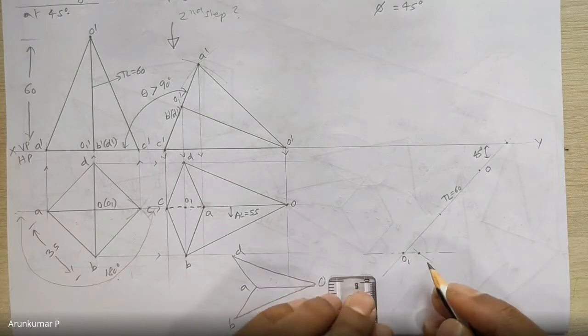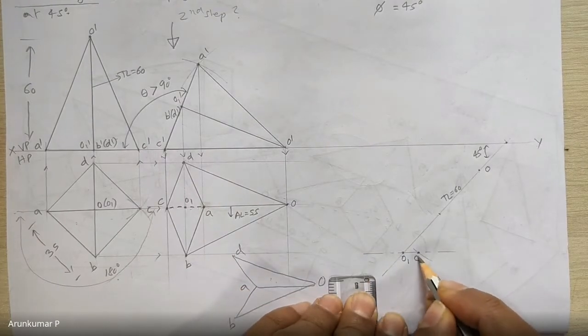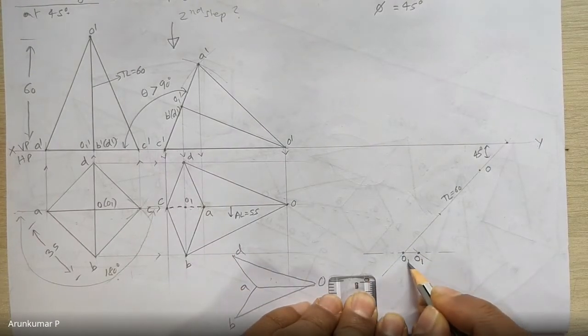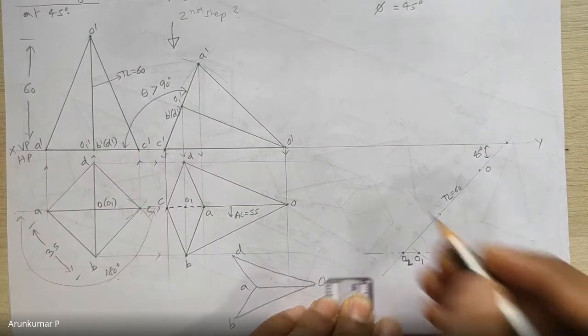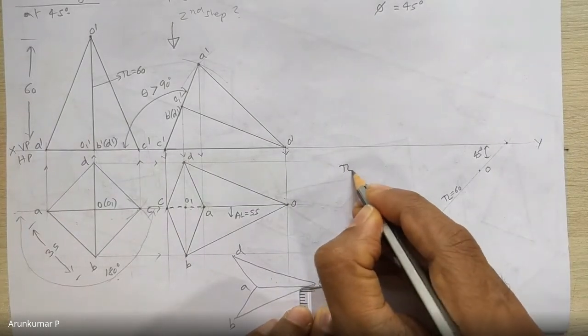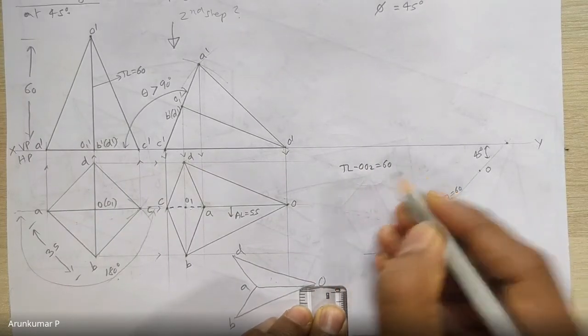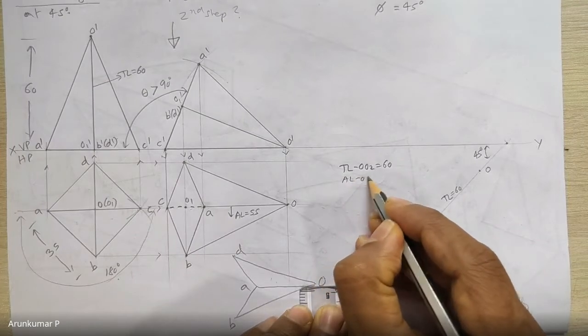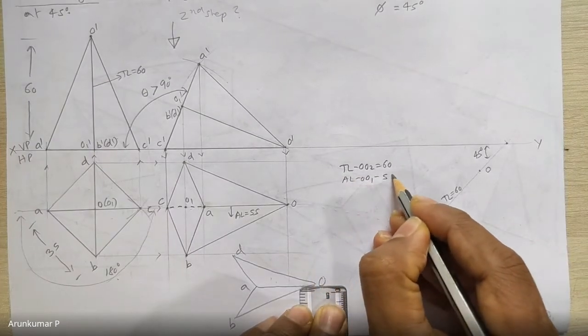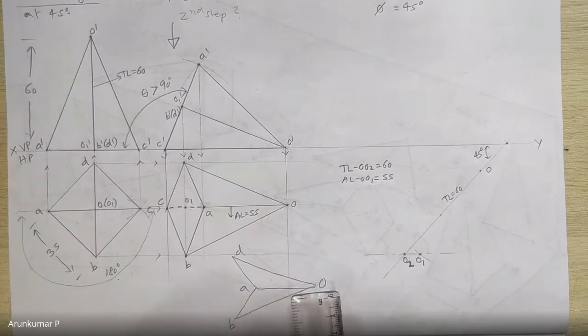Now you have to be careful because this also will be O1, so you have to make the true length O2, just to differentiate between the two. So please note, the true length is OO2, which is 60 mm. The apparent length is OO1, which is 55 mm.